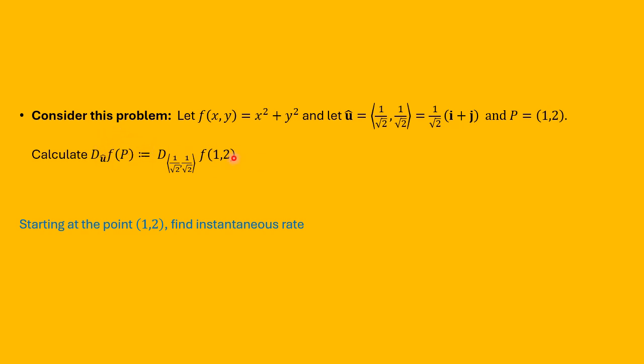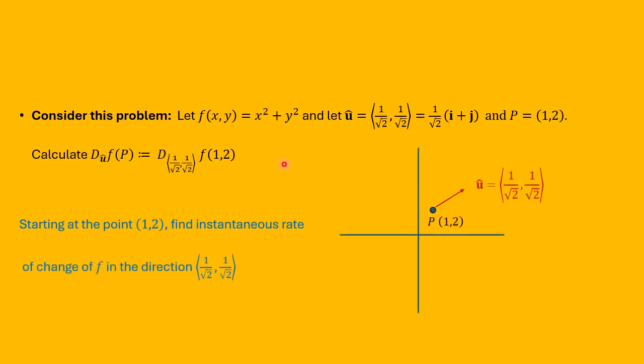So if we write it out explicitly, we get this. What we're trying to do here, remember, is starting at the point 1, 2, find the instantaneous rate of change of f in the direction of that unit vector. Here's a picture. It's totally a two-dimensional problem.